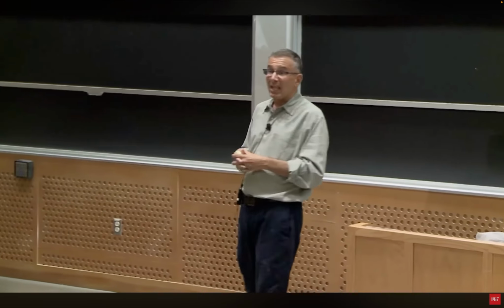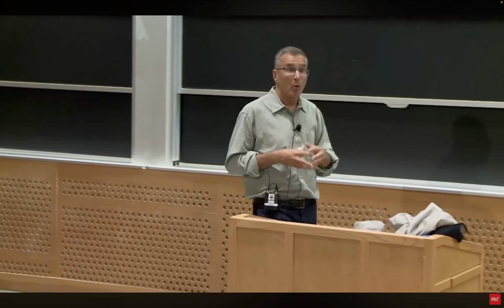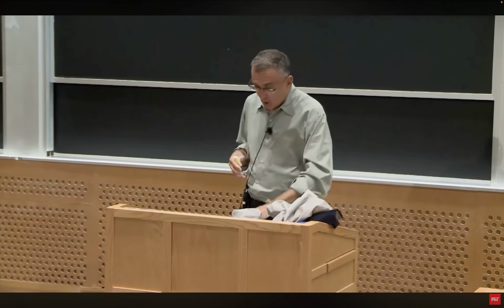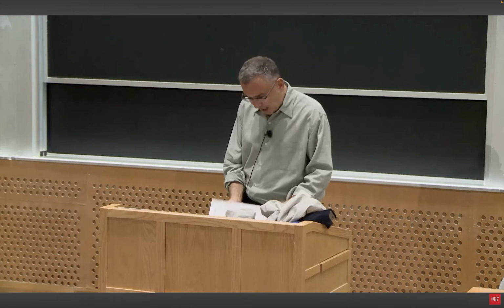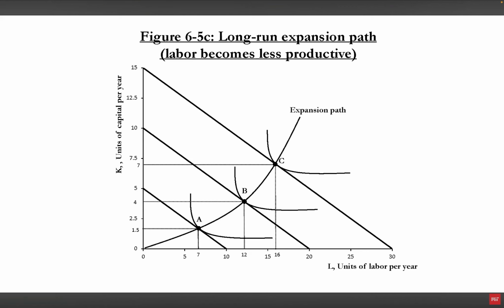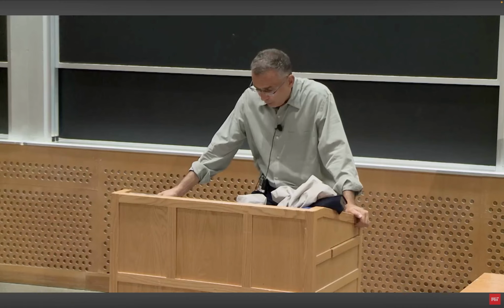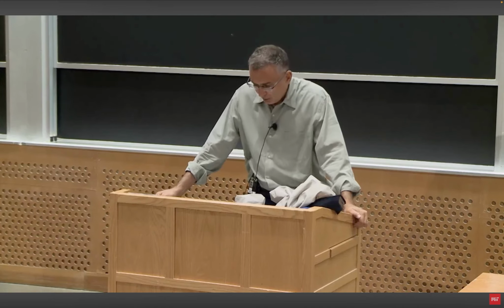It's really labor that you want more and more of as you expand. Alternatively, you could have something like figure 6.5c, an expansion path where capital becomes more productive and labor becomes less productive. That is, you are choosing relatively more and more capital compared to labor.